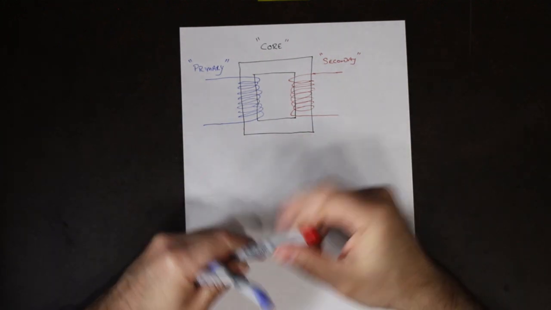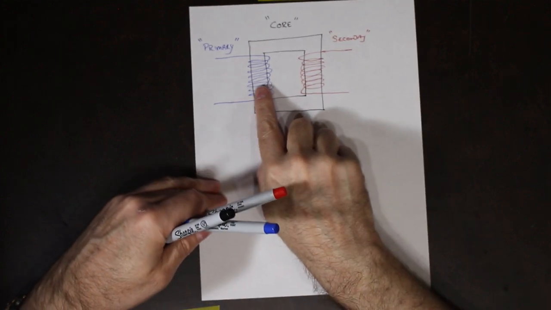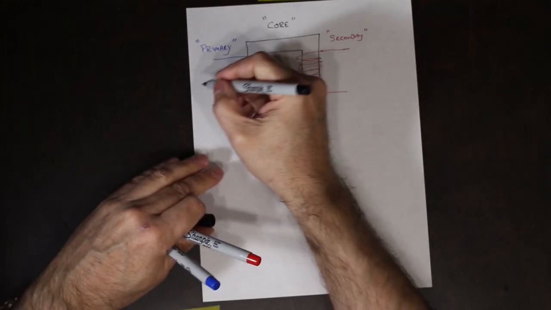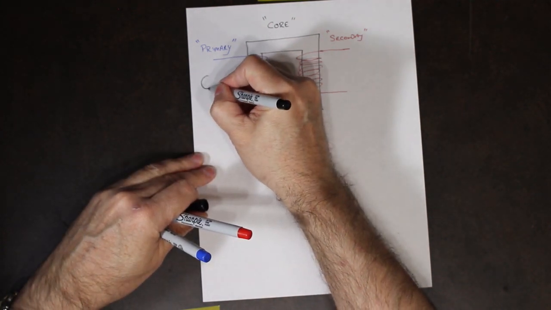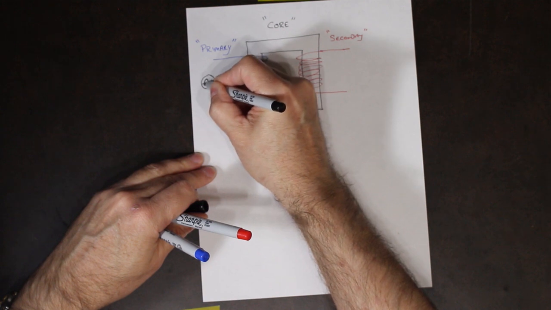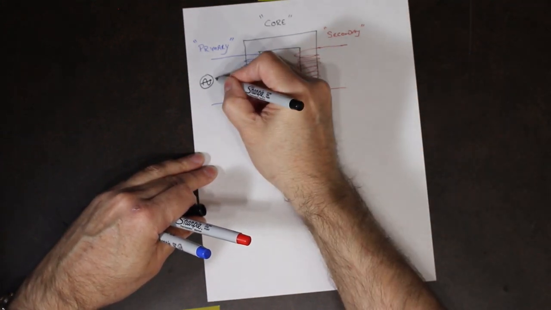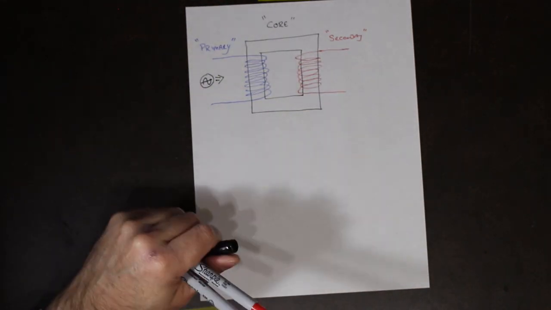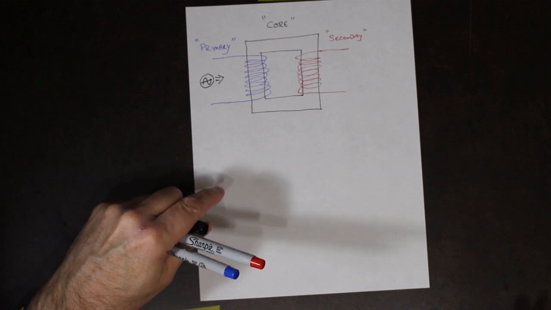So basically what happens is electricity is fed into the primary side. So what kind of electricity? It is AC. Transformers are AC devices. So an AC waveform is put into the primary side of a transformer.